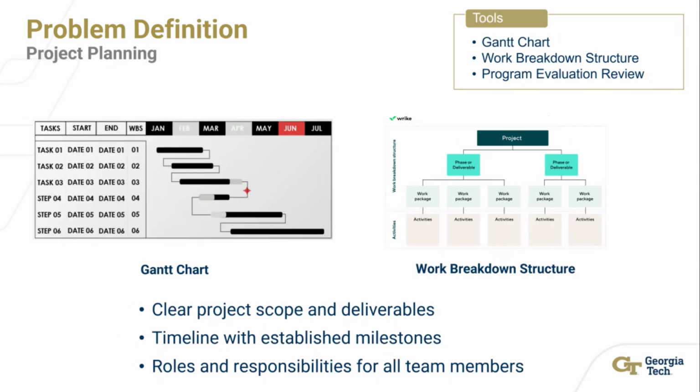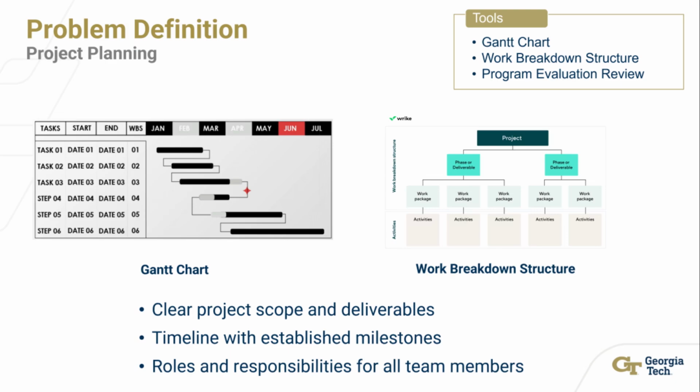Next, a very important step of problem definition is to plan the project that you're going to tackle. With a clear project scope and deliverables, any task becomes a lot more manageable. A timeline with established milestones and roles and responsibilities for all team members is absolutely essential.